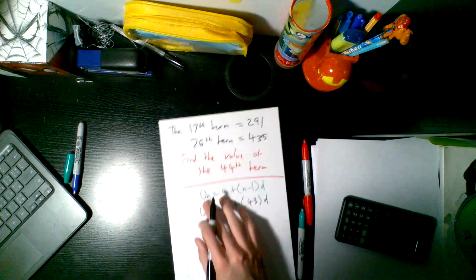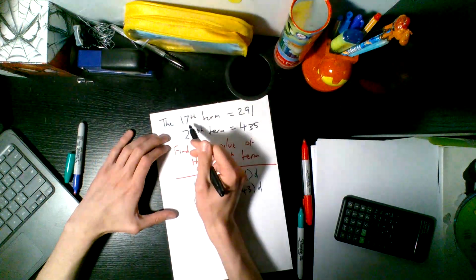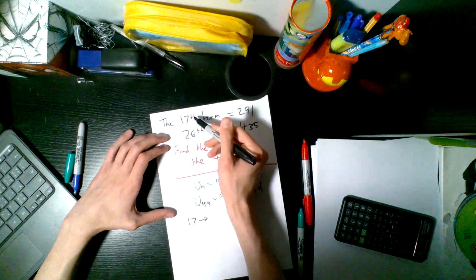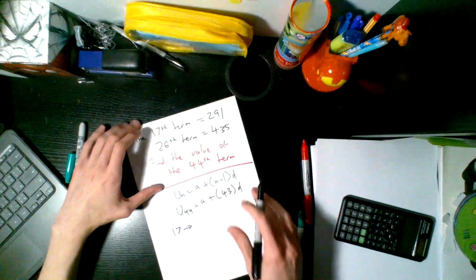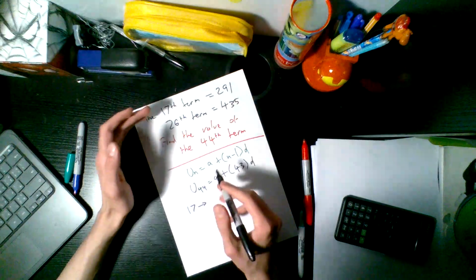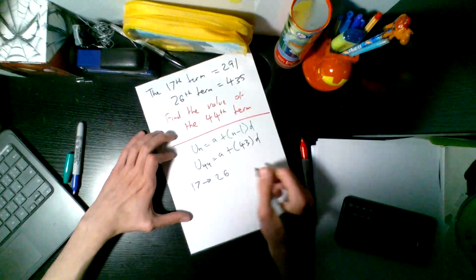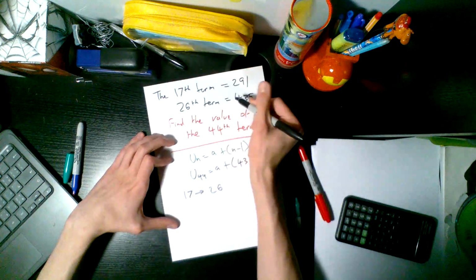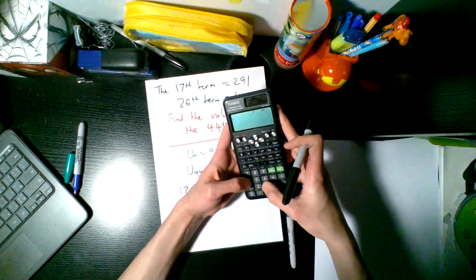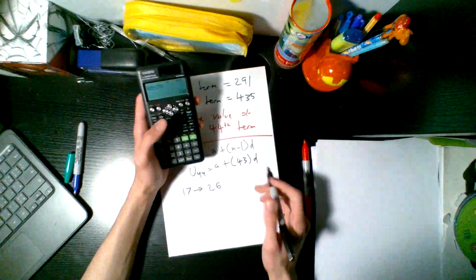They gave us 2 terms, the 17th and 26th. Always focus on what they give you. They didn't give it to you for no reason. You have to use these values. From the 17th to the 26th term, what's the difference between the 26th and the 17th? 435 minus 291, the difference is 144.